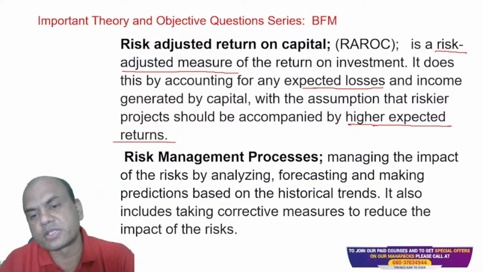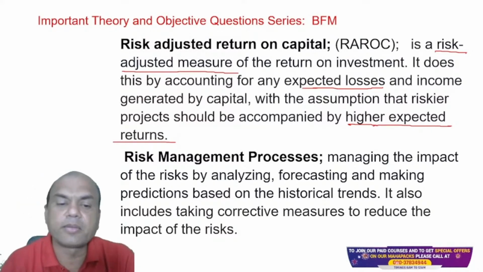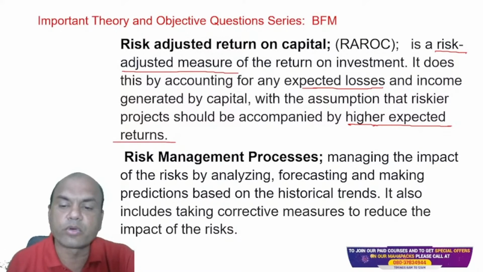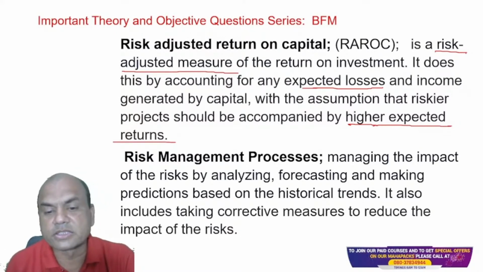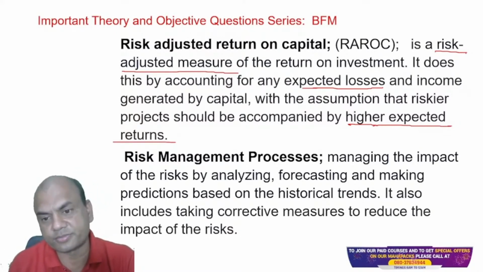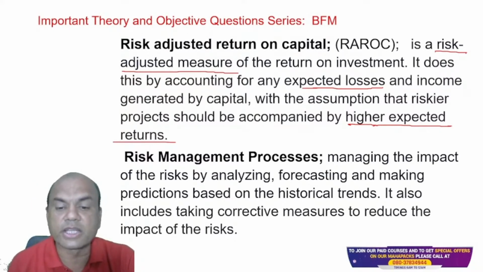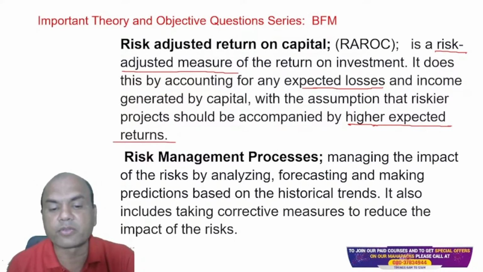Risk management process means what? Managing the impact of the risk by analyzing, forecasting and making predictions based on the historical trends. It also includes taking corrective measures to reduce the impact of the risk.